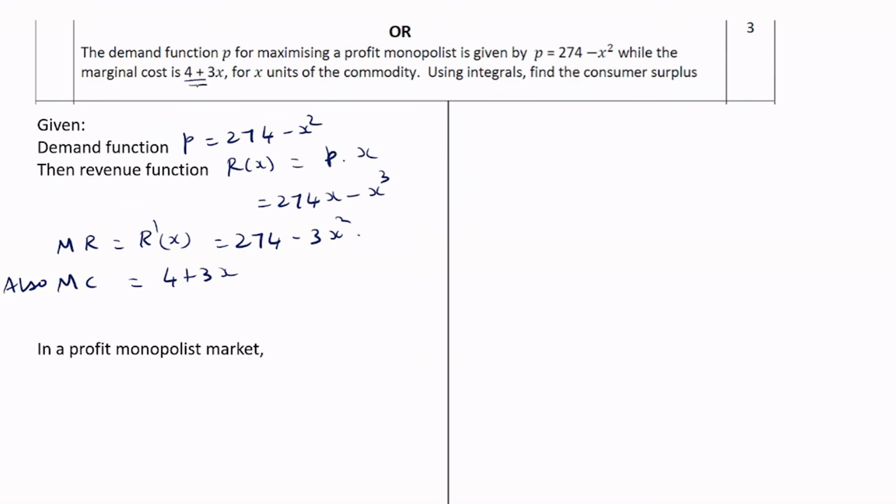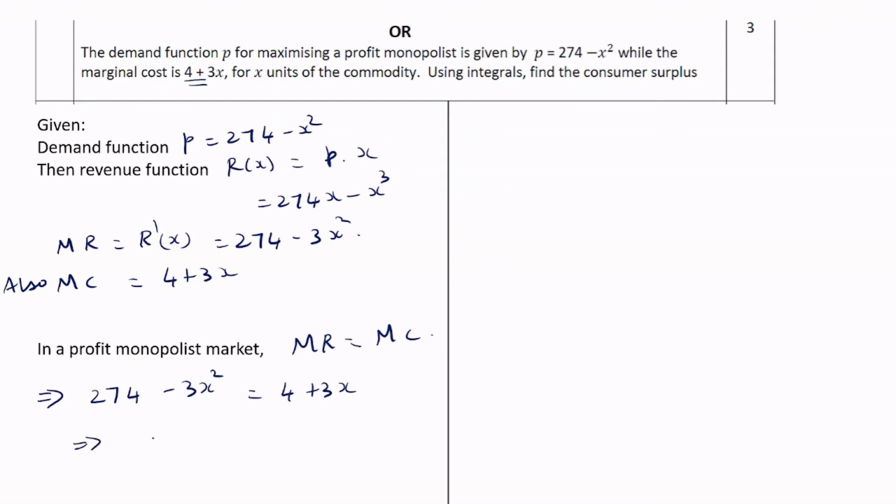It is given here. In a profit monopolist market, we have marginal revenue equal to marginal cost. So marginal revenue equal to marginal cost implies 274 minus 3x square equal to 4 plus 3x.